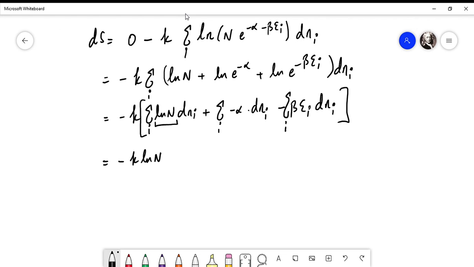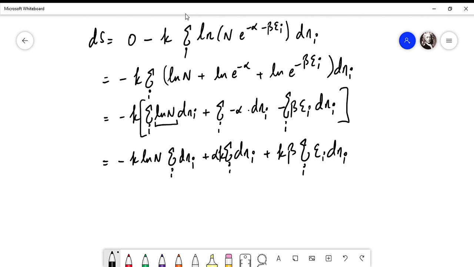The first term is just ln n, summation of I dni, plus alpha, and I'll write k outside, summation of I dni, and plus, I'll just write all the constants outside, beta summation of I ei dni. Okay, so this is a change in the entropy.